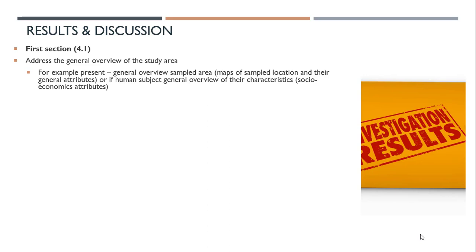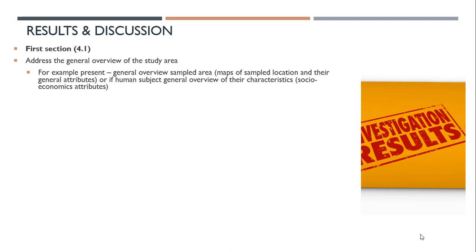the way I usually structure my own work and the logical approach that I've realized with it would be to look at the first aspect of the work, maybe to present a general overview of the study area where I've carried out the investigation based on the data that has been collected.